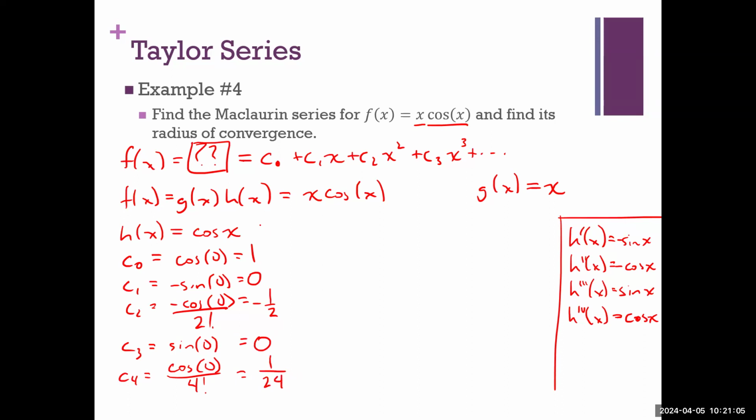Okay, so what does this allow me to do? I've got those first 5 coefficients, so I can write down some terms. So cosine of x is equal to 1 minus 1/2 times what? X squared. Why is it x squared and not x?